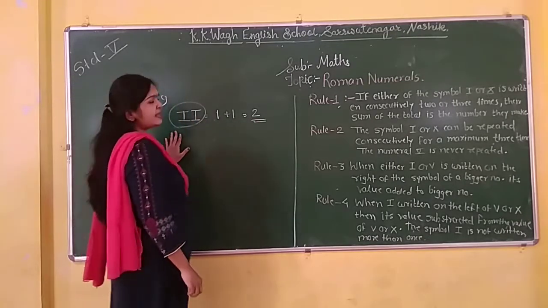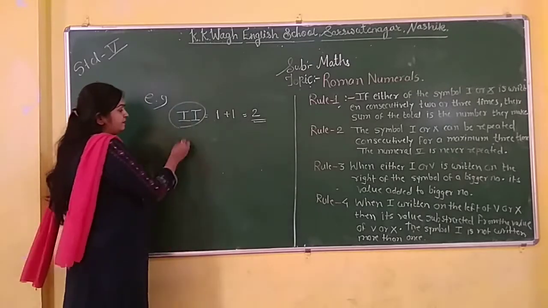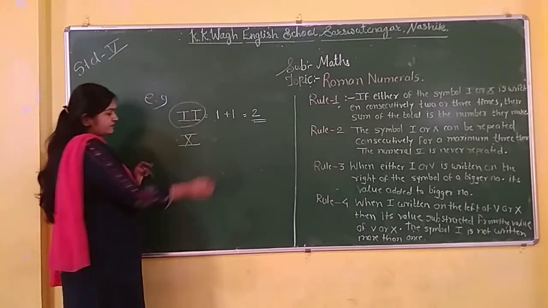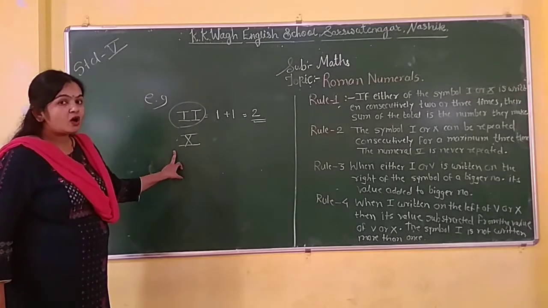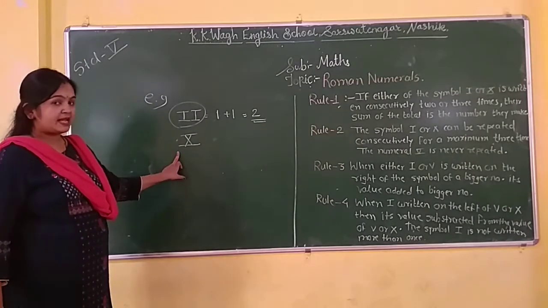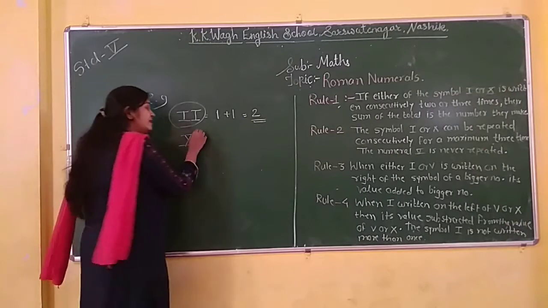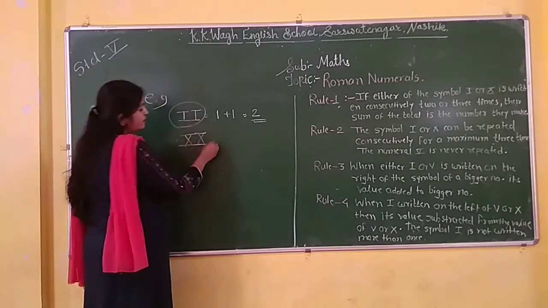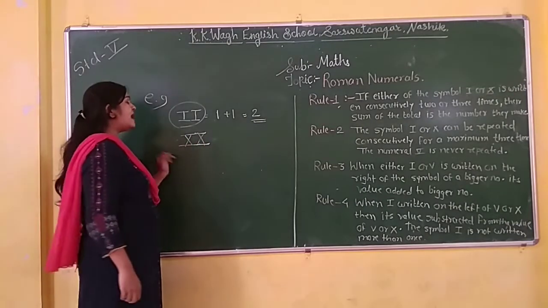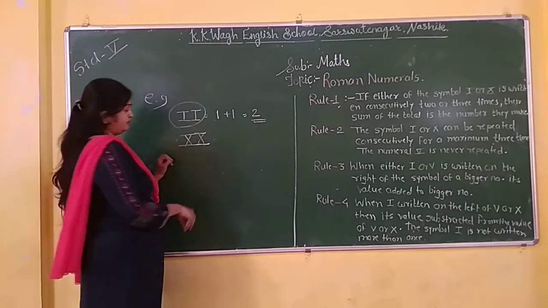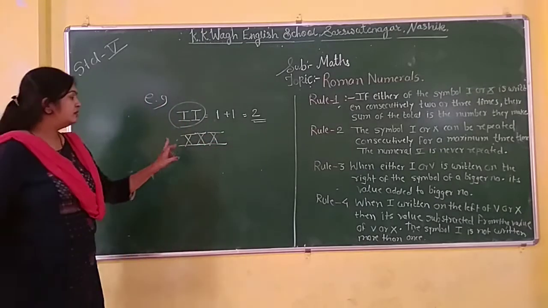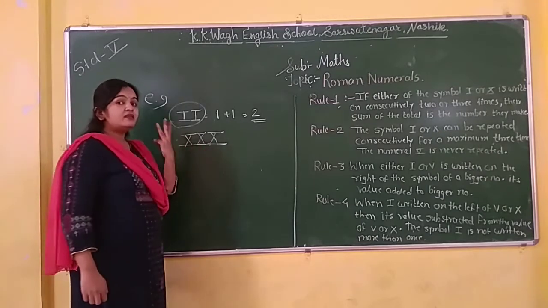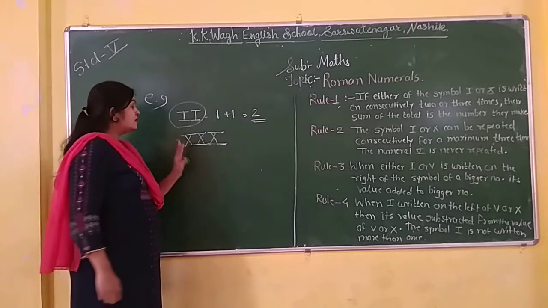Another example. Which symbol is this? This is the symbol of 10. And if we write one more X here, and another X here, then what will happen? 1, 2, 3, X. XXX.